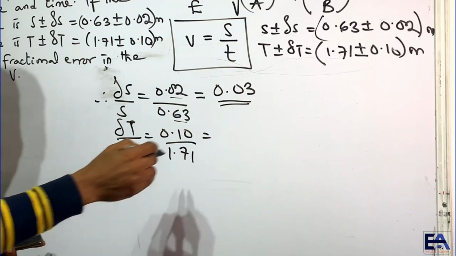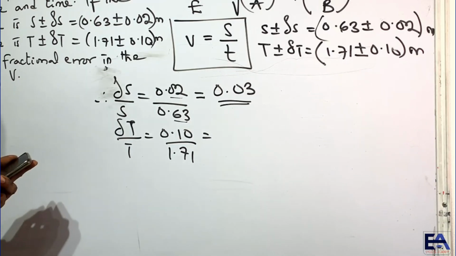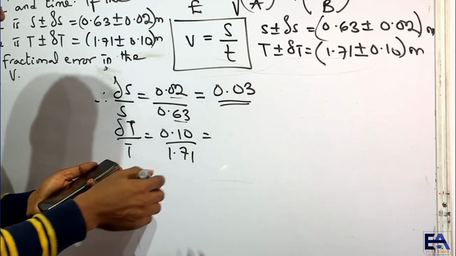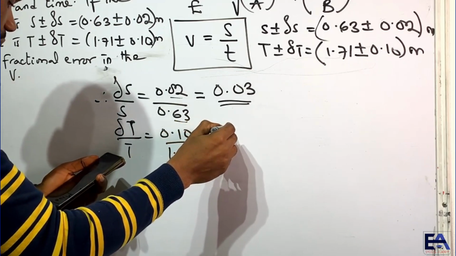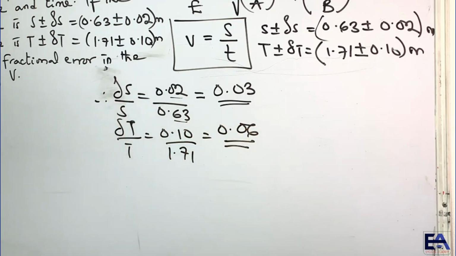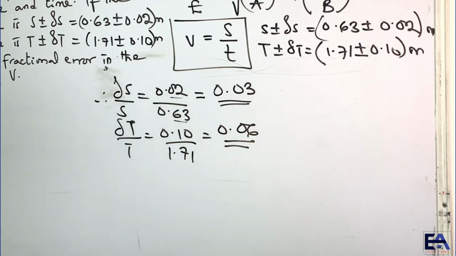So that is 0.1 divided by 1.71, which gives 0.06.